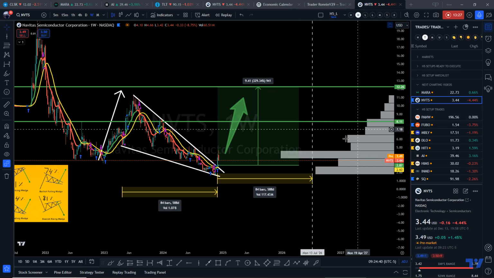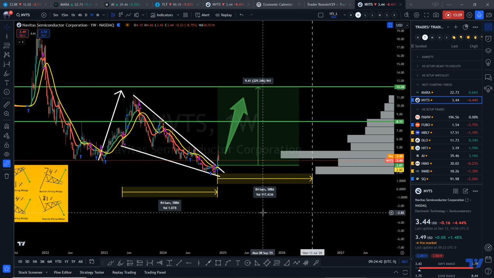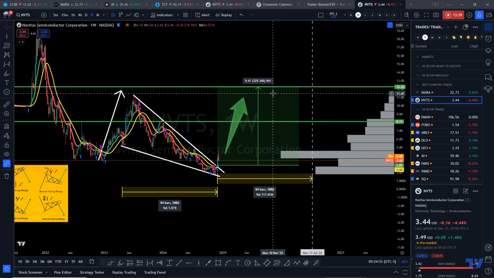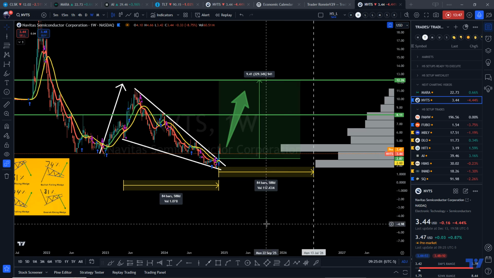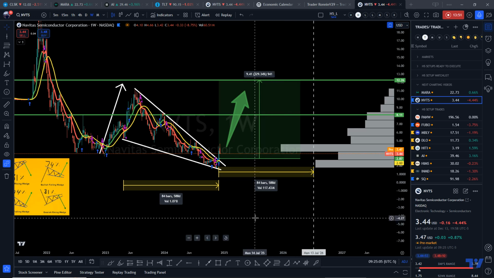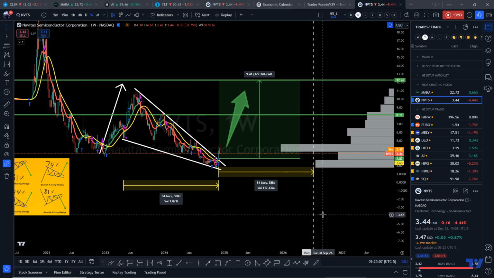Like I have a lot of plays that the time frames are like the beginning of 2025, and that's very, very important because that means that the move's going to happen very, very quickly. This move might take a while to play out. I still think it happens quickly, but whenever we get the time frame aligning with a quick move, and it typically happens faster than the time frame as well, then you really could have a parabolic move in a short amount of time. So it's important to do the time frames.